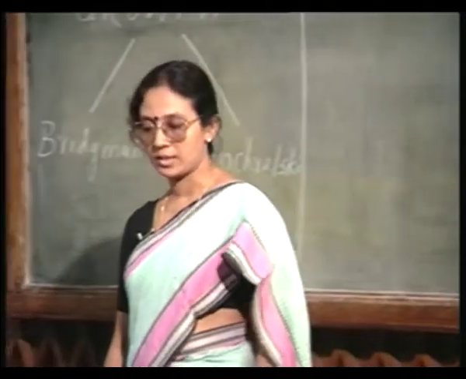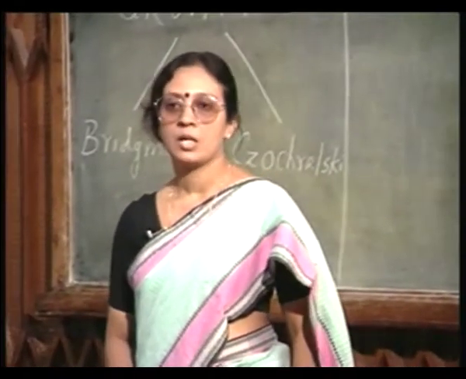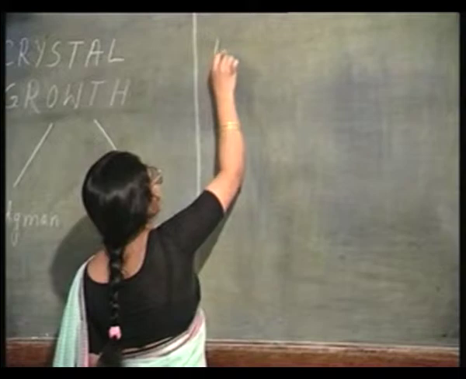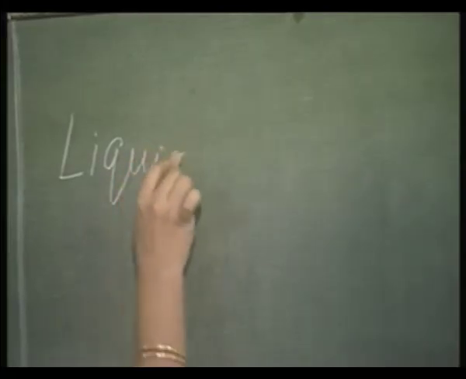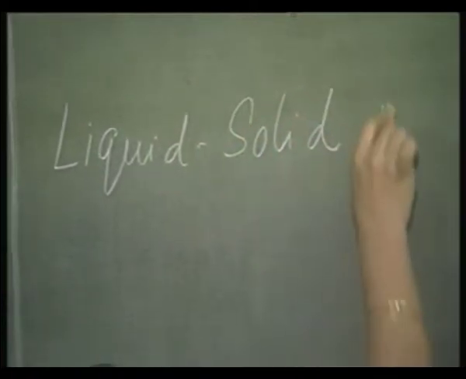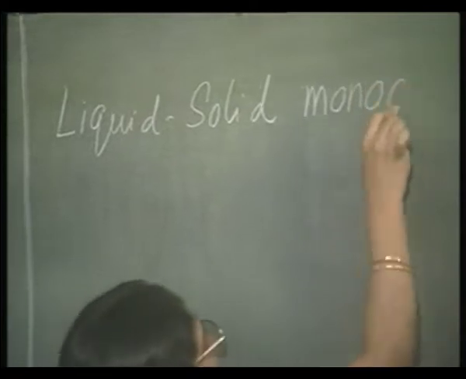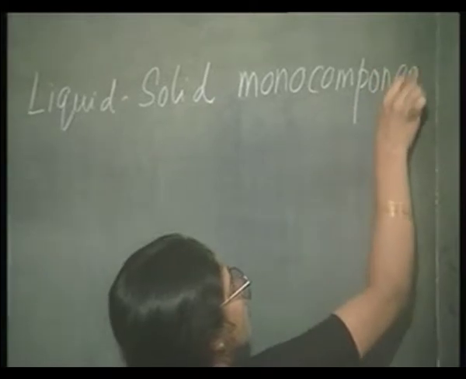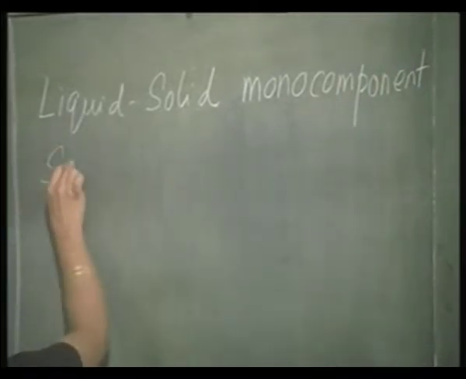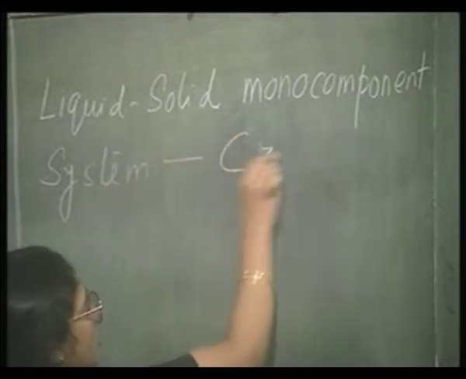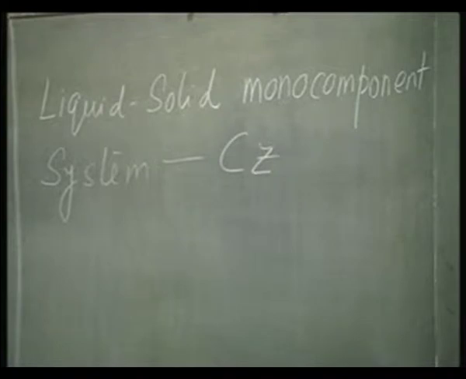What do we have in a Czochralski system? Essentially, the Czochralski system, or a liquid solid monocomponent system, that is Czochralski, commonly referred to as the CZ crystal, that is the Czochralski grown crystals.